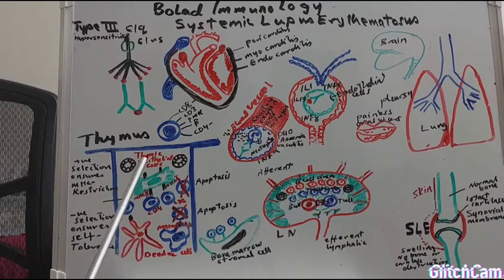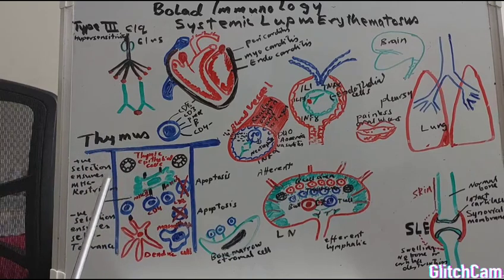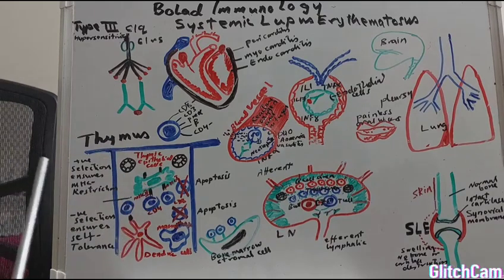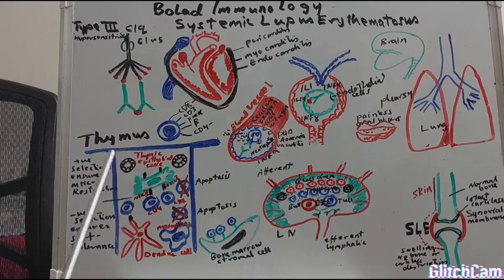At this stage they should recognize MHC class 1 and 2 as self. This is known as positive selection, to ensure MHC restriction. In the future they should interact with non-self or pathogen in association with major histocompatibility.